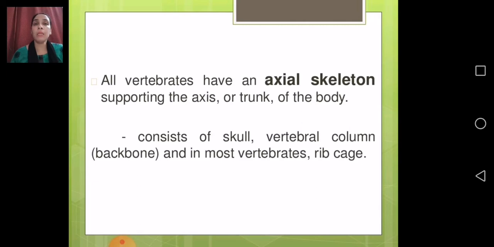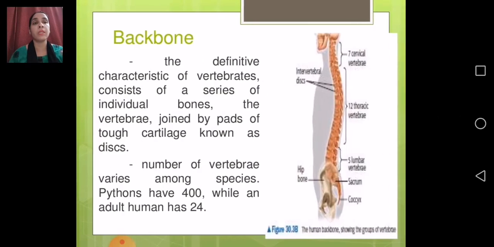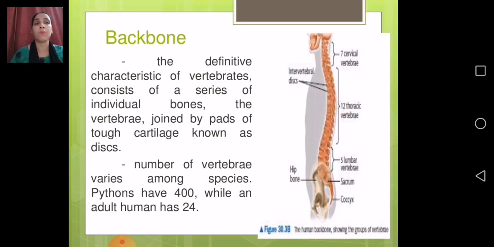Now it consists of the skull. So the skull we have already discussed, but here we are going to understand with the help of a picture. Since pictures are very important when we are studying science, we must understand what the different parts of it are and how they are packed with each other.